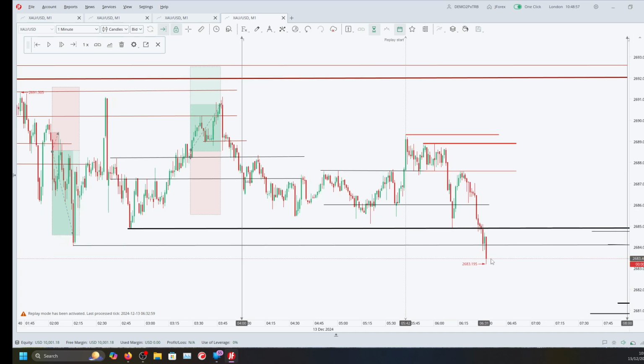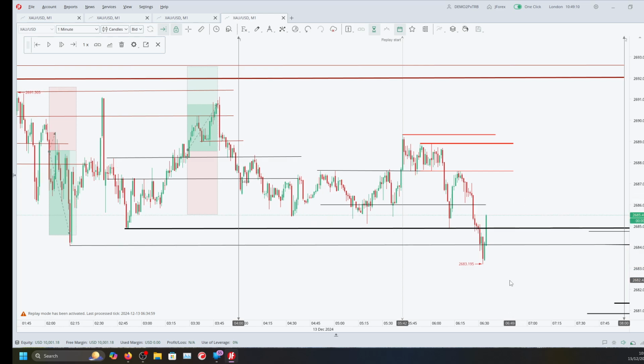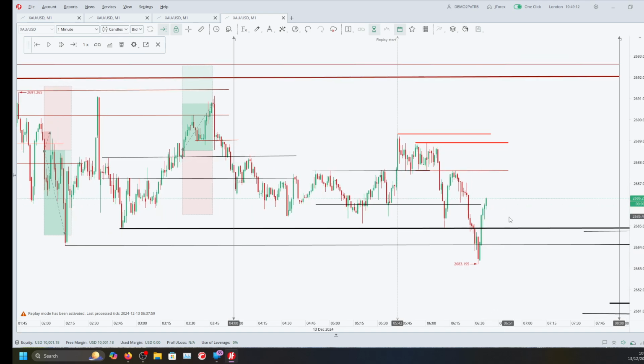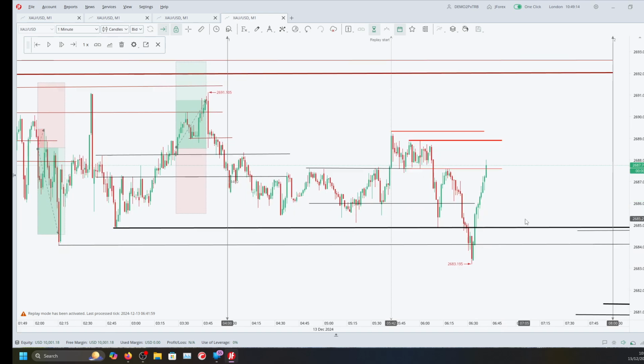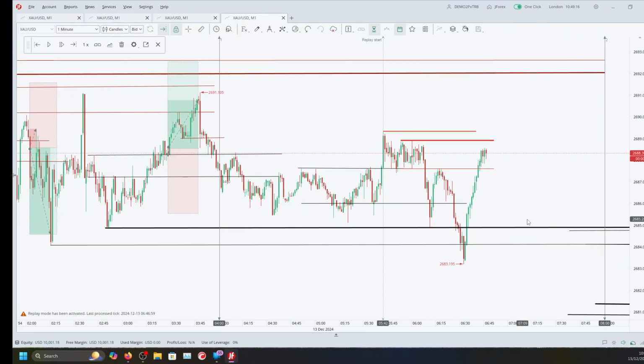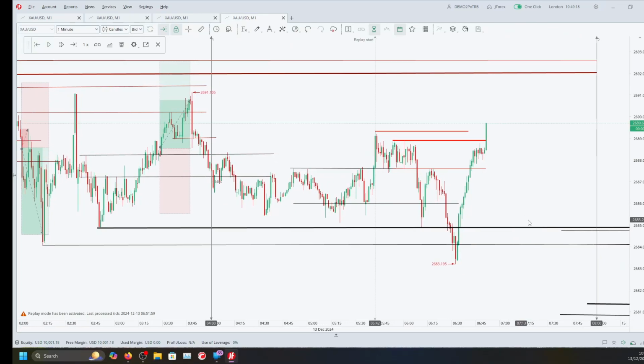And at this point my target gets hit, which was, you know, now I'm seeing price break through these levels, so I'm anticipating price continuing lower. But we can see price had other ideas.